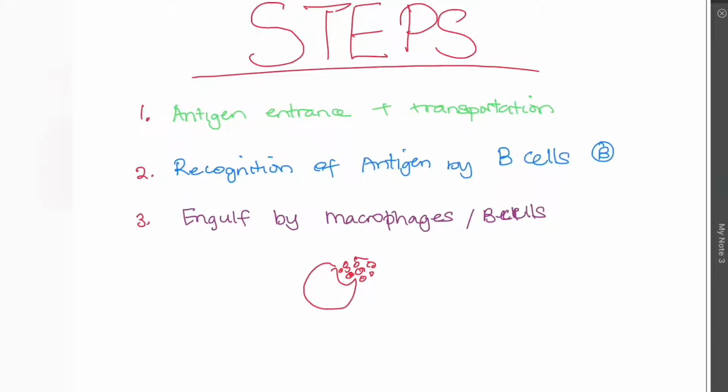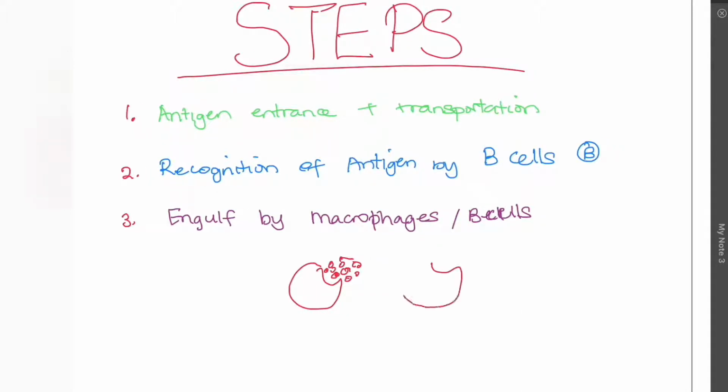And then they get the organisms inside. While they are inside, they are being processed. Remember, macrophages are also involved in phagocytosis, so they can engulf the pathogen, and if they can digest them, they will digest these pathogens.